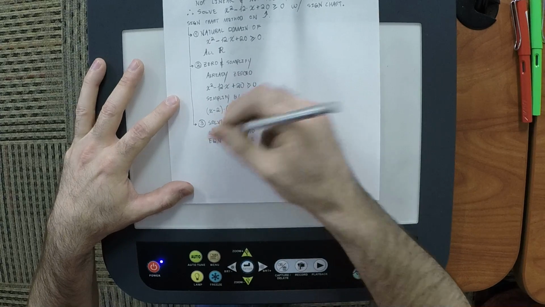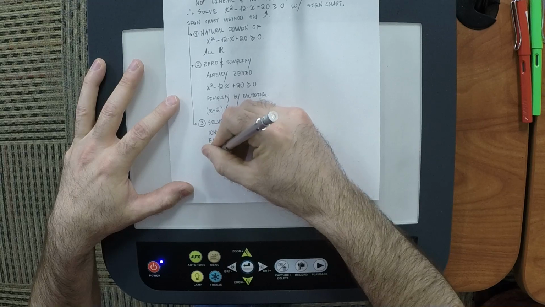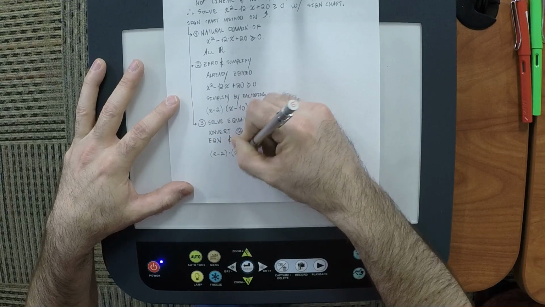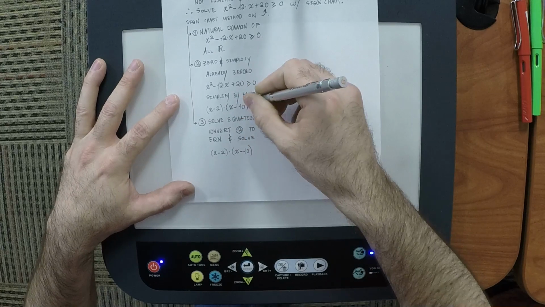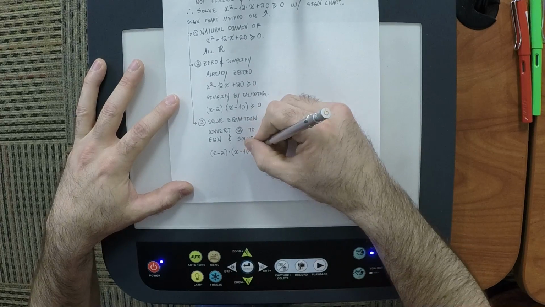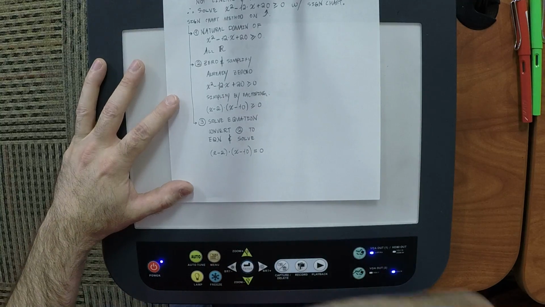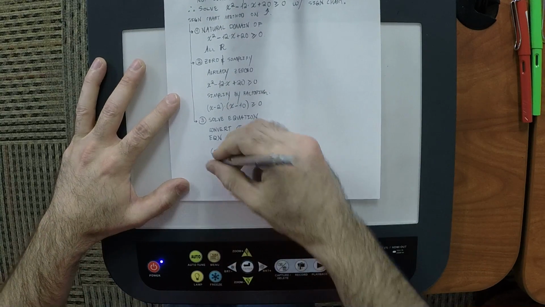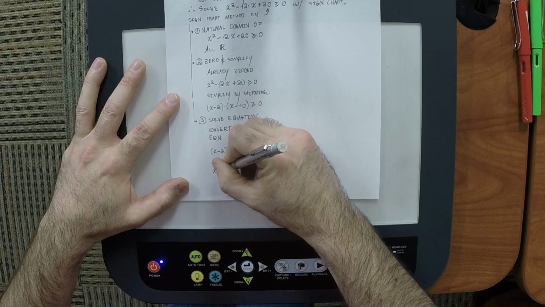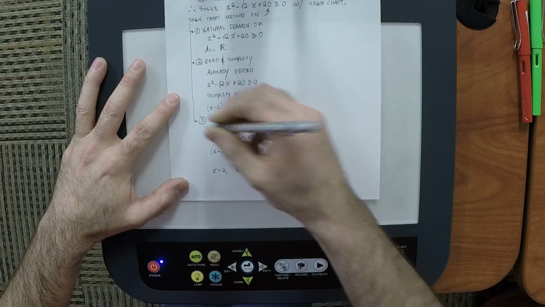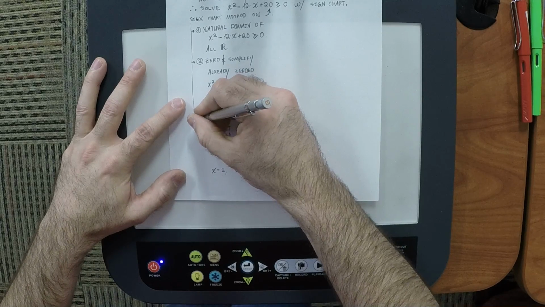Well, that'd be x minus 2 multiplied by x minus 10, and now instead of inequality 0, it'll be equal 0. Does this have a solution? Yes. The solutions are 2 and 10. All right.